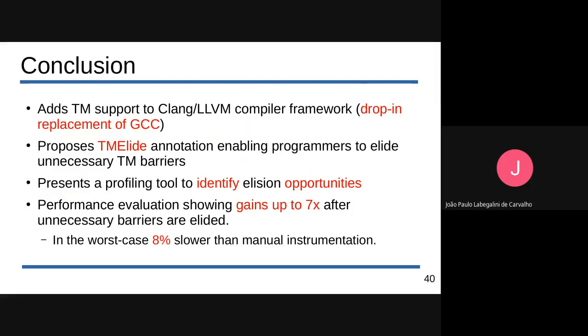Third, that a tool that is very simple to use and understand can be very efficient to identify elision opportunities. Last, we show that gains of up to 7 times can be achieved by removing a couple of unnecessary barriers. And not only that, in the worst case, the performance of the automatic code is only 8% slower than the manual instrumentation code.